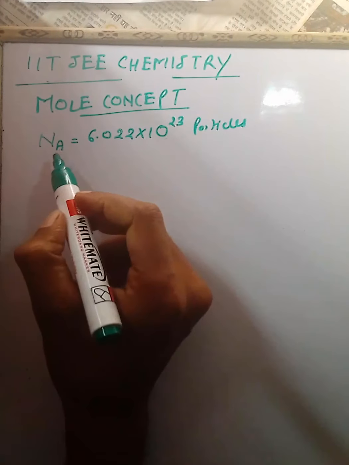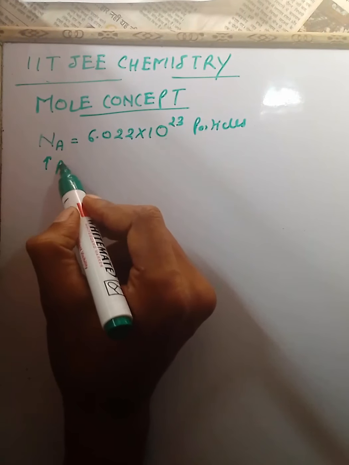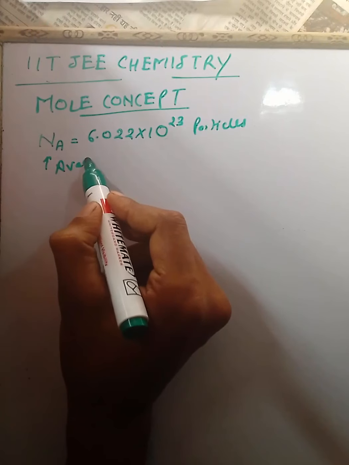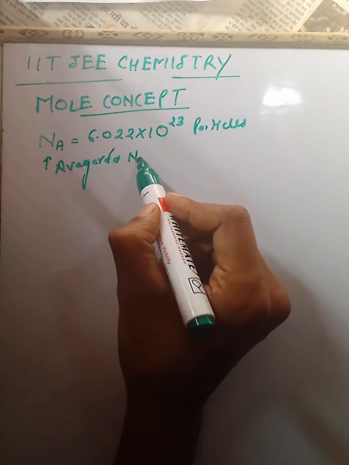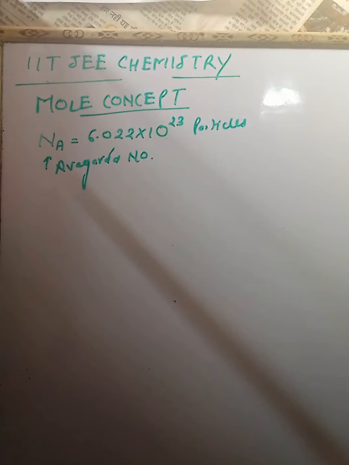Okay, so we call it the Avogadro number. It is very important in the mole concept. If we want to calculate the number of moles for elements, we use this Avogadro number again and again.